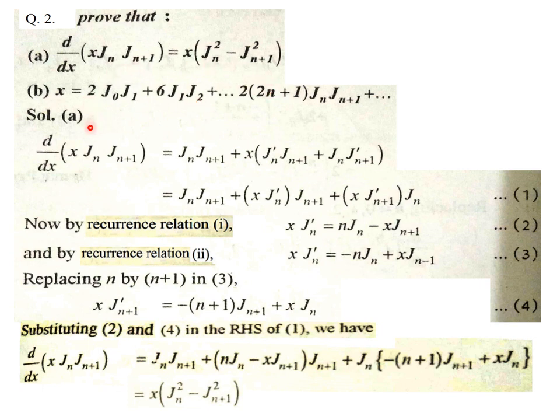We start solving part A with the left hand side d by dx of x jn jn plus 1 equals, if you differentiate it as a product of three different factors, say x is differentiated as 1 and jn jn plus 1 are left, plus x is left along with the differentiation of the two factors, it is multiplied. So jn dash into jn plus 1 plus jn into jn plus 1 dash is multiplied with x.